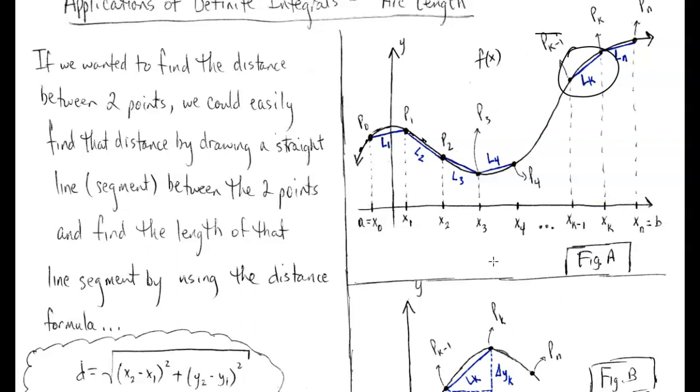Now, to get the exact length of this curve from x equals a to x equals b, one of the things I know would have to be at least theoretically true here is that n would have to approach infinity, meaning the number of these small links that I would use to measure the actual length of this curve from x equals a to x equals b.